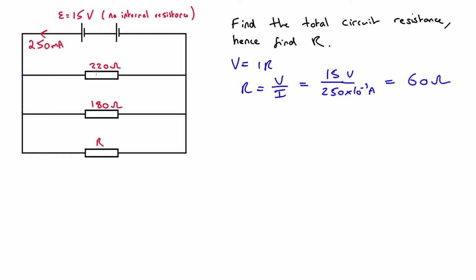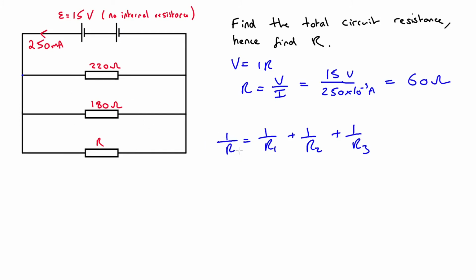So what we're saying here is that these three resistors in parallel, their overall effective resistance when the three of them are in parallel is 60 ohms. Now, of course, we know that for parallel resistors, 1 over R equals 1 over R1 plus 1 over R2 plus 1 over R3, where R is the total effective resistance.